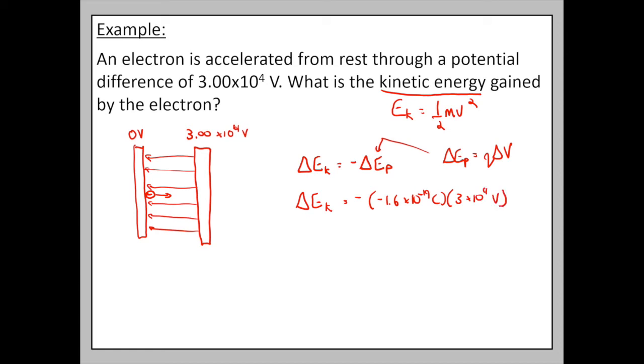And the result that we get is 4.8 times 10 to the minus 15 joules. It's not a surprise that the result here is a positive energy value because, again, this has been gained through the transfer of energy from the potential energy to the kinetic. So if we wrote this down just in terms of the change in potential, we would expect this to be the same magnitude, but a negative sign.